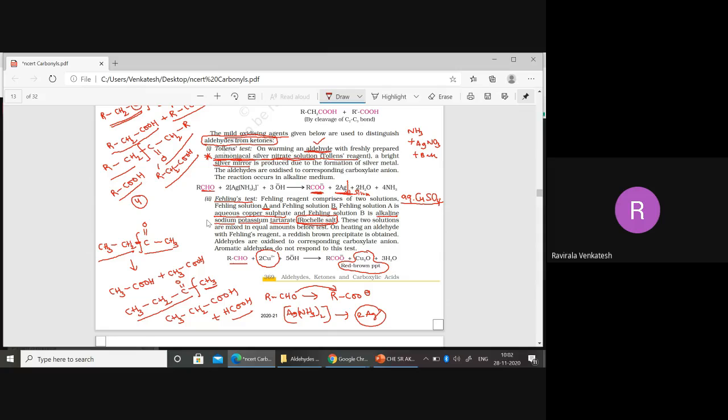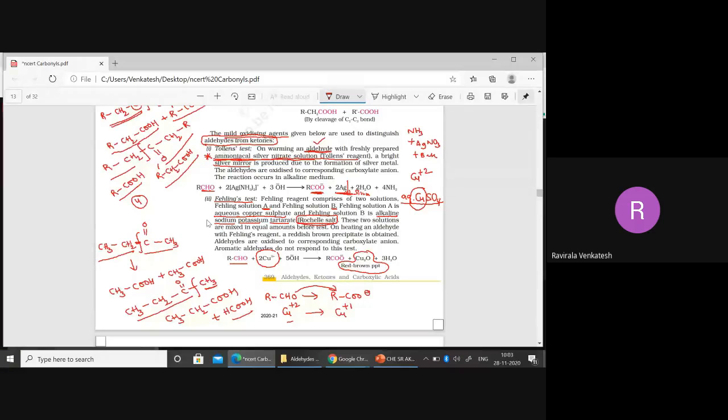If you observe in this case, where do you get copper plus 2 from? In this case, copper is in the plus 2 condition. So this copper plus 2 will convert into copper plus 1.